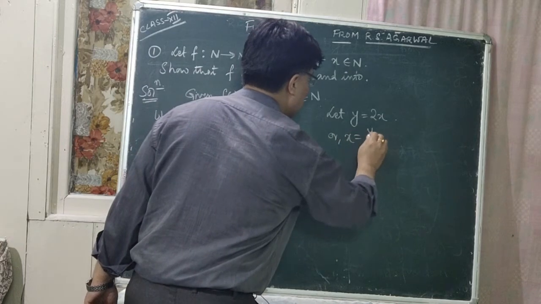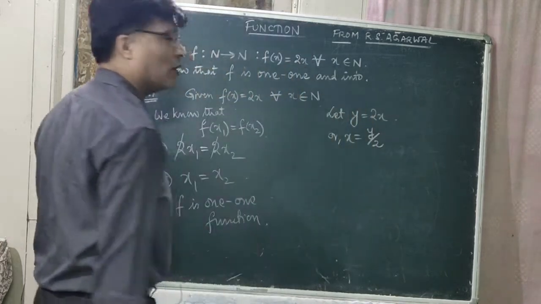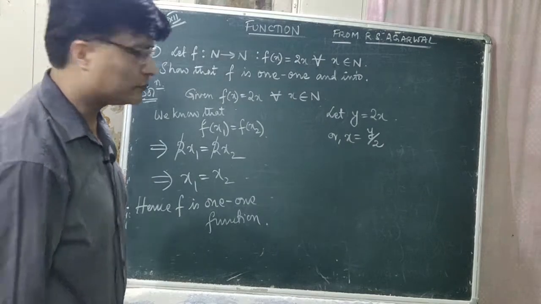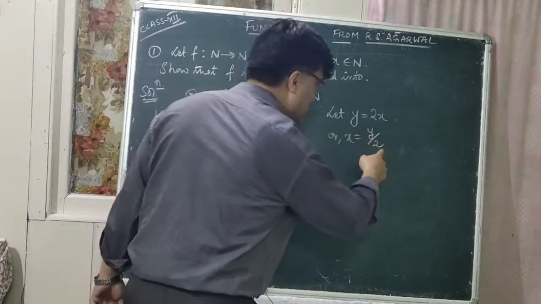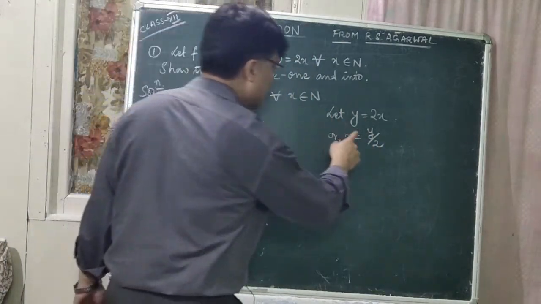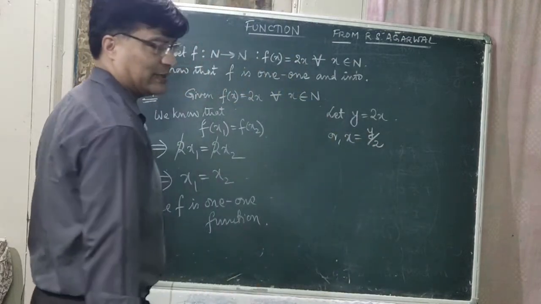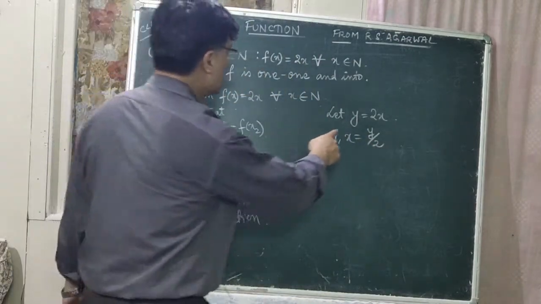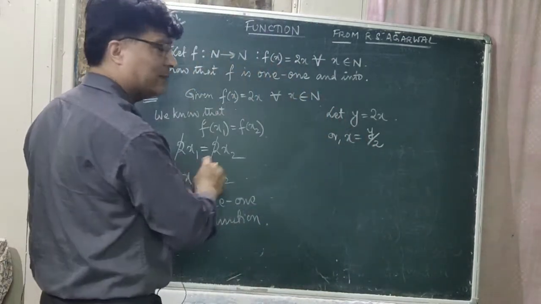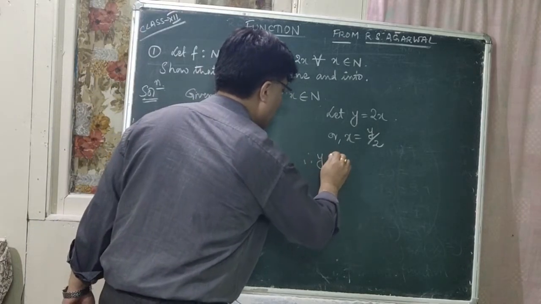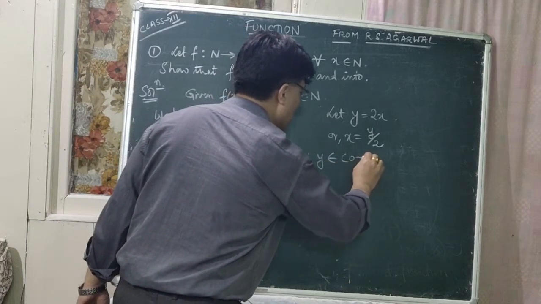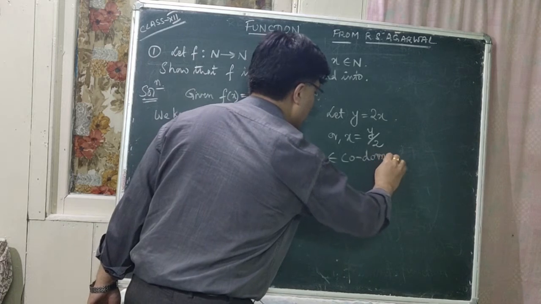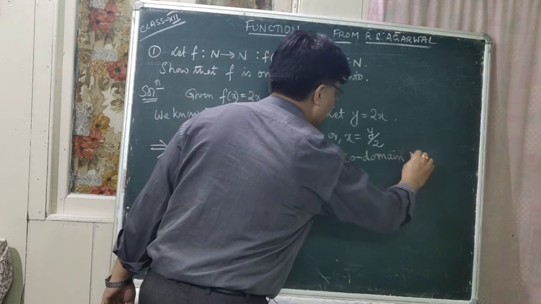Let us get the value for x. x is equal to y upon 2. Is that clear now? So now in this case y upon 2 is there. So here this y belongs to the codomain N. So therefore here y belongs to codomain N.